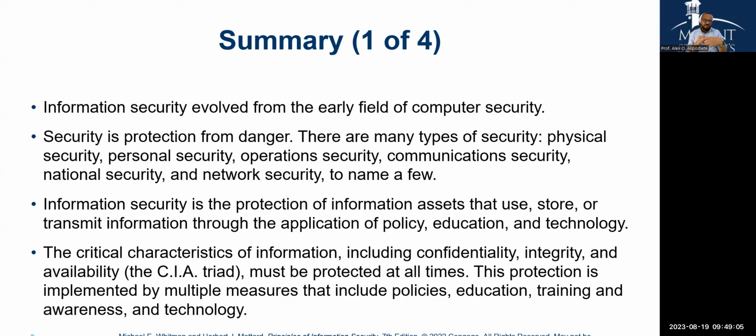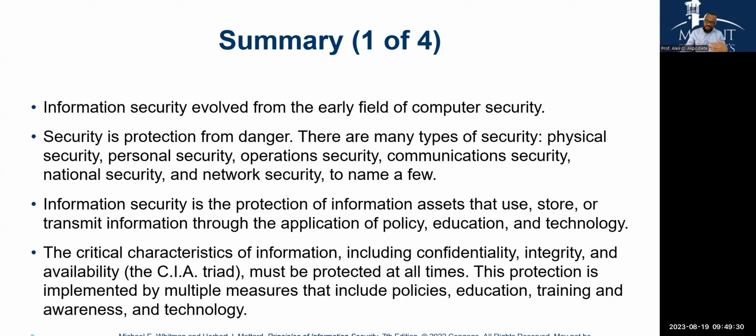So in summary, we looked at security, meaning protecting our information from danger. We looked at the evolution of information security, right? We're trying to protect our assets, whether we use, store, or transmit them, through the use of policy, education, and technology. And I already said, when you think security, think the CIA triad, right?